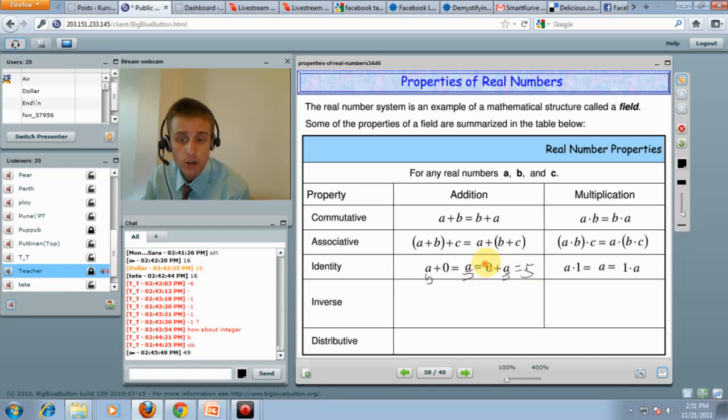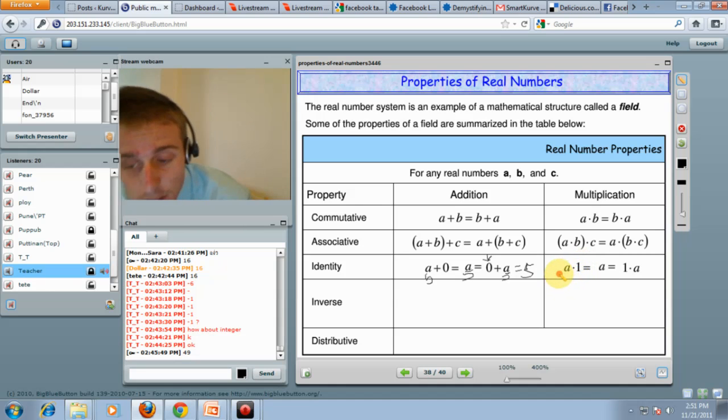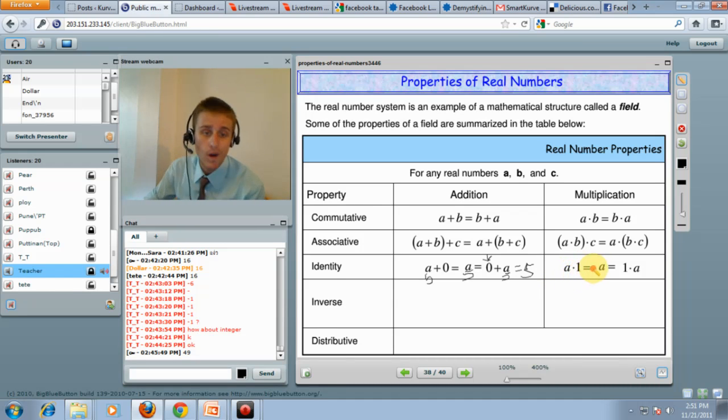It does not matter where this 0 falls. It will give you the same answer. It is the same in multiplication. A multiplied by 1 equals A. A equals 1 multiplied by A. It does not matter if it multiplies by 1 before or after A. It will always equal A.